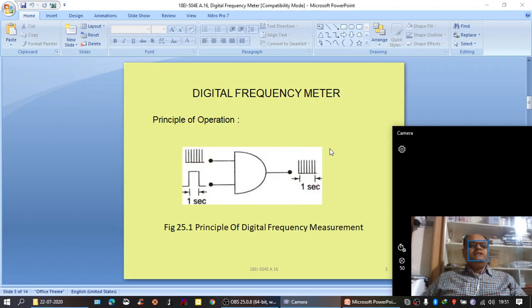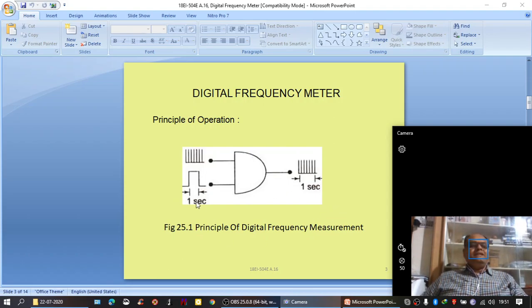Counter will provide the number of pulses that are counted by the counter in a duration equal to the gating pulse. If the gating pulse is 1 second, then we can say that the counter has counted so many number of pulses in a duration of 1 second time. That directly gives the frequency.